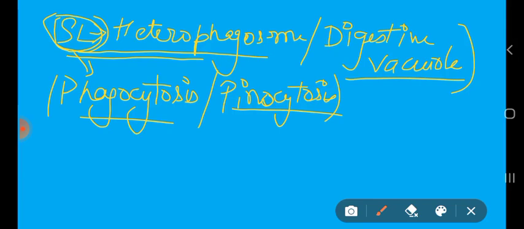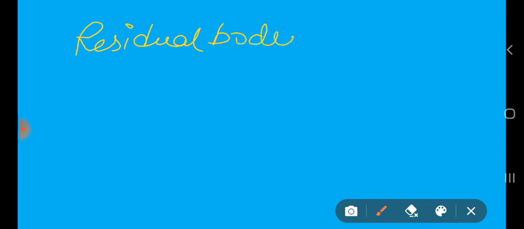Okay, now we will discuss three more important things, starting with residual bodies. Residual bodies are those bodies which are formed if the digestion is incomplete. So incomplete digestion leads to the formation of residual bodies.